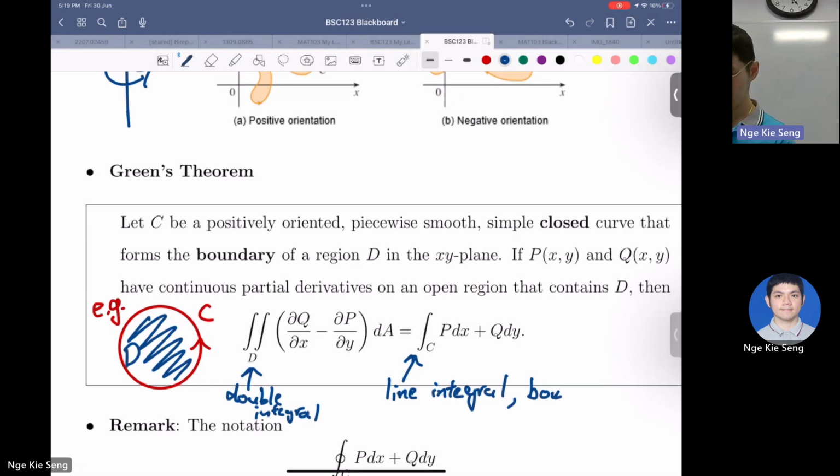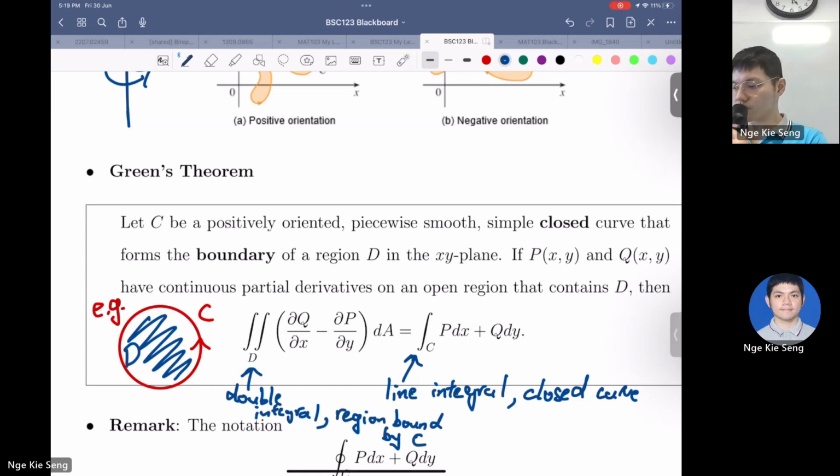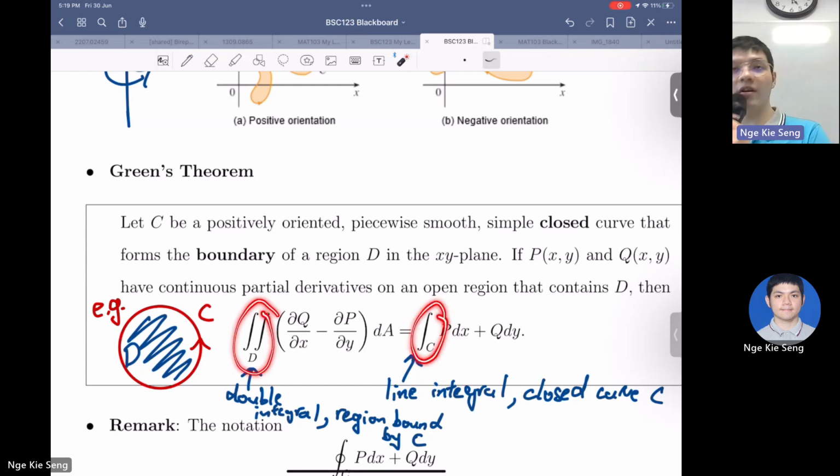So the domain here is a closed curve, and the closed curve bounds a region. So you relate a double integral to a line integral.